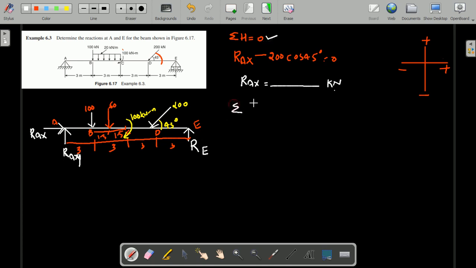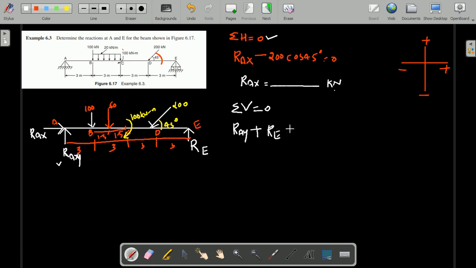Next you need to apply the second equilibrium condition, summation of vertical force is equal to 0, right? So just observe the free body diagram. RAY is vertical force moving upward, positive, and RE is also vertical force moving upward, positive.